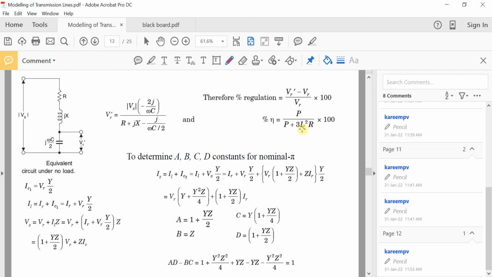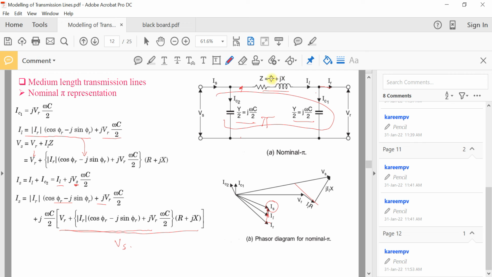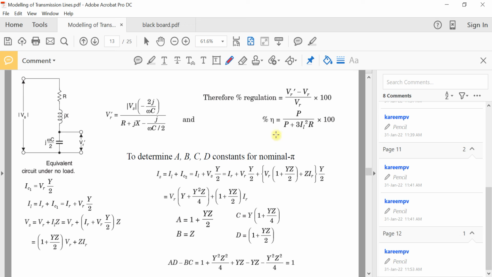IL square R will be the total losses occurring on the transmission line, because the real power will be dissipated only in R. So IL square into R gives you the total power dissipated at this resistance. If we are considering the three phase power, you have to consider the three phase losses. That is why a factor of 3 is coming here. So this is the expression for the efficiency of the transmission line.